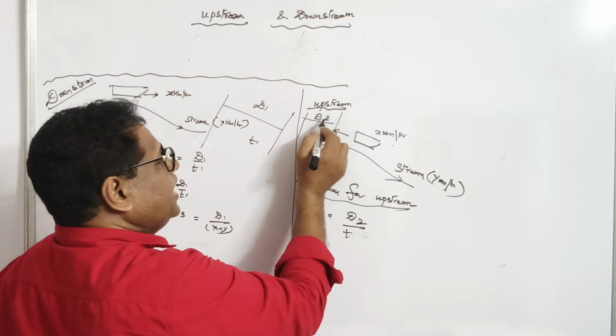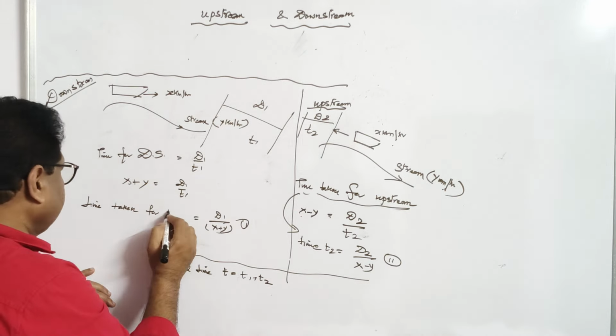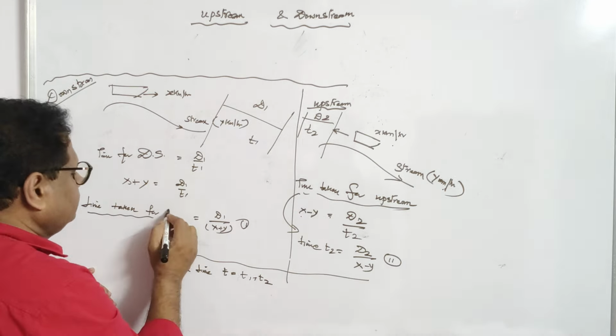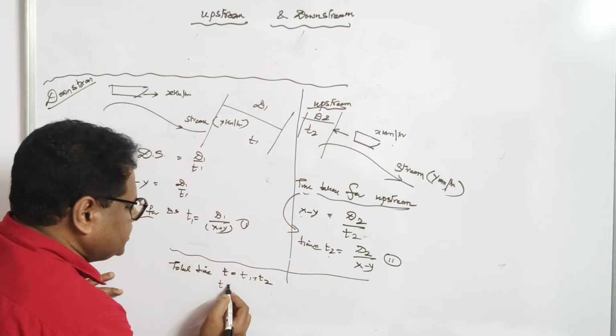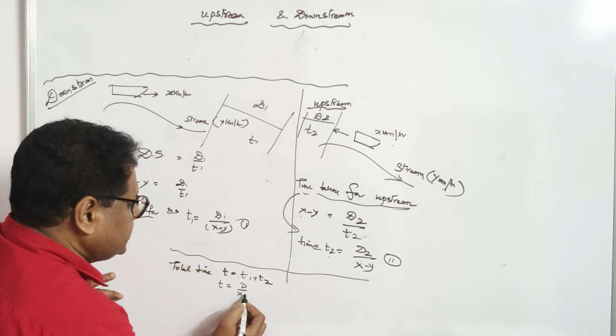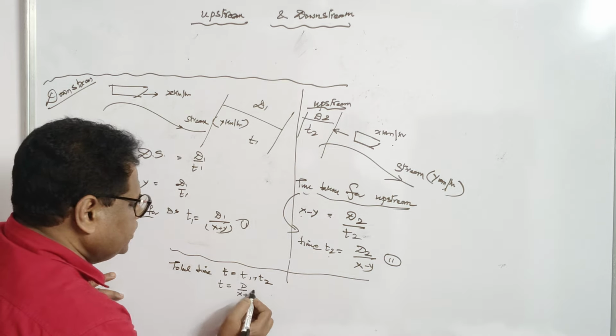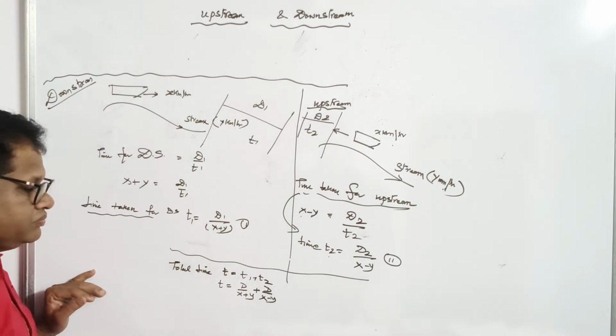That means the total time taken for downstream plus the total time taken for upstream. So now we equate the total time which is given with d by (x plus y) plus d by (x minus y).